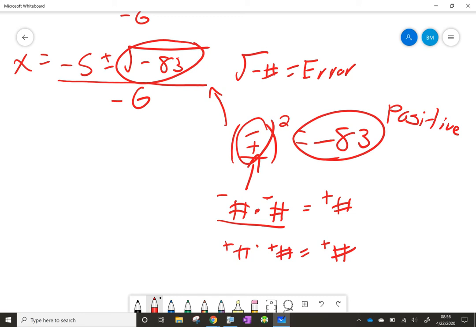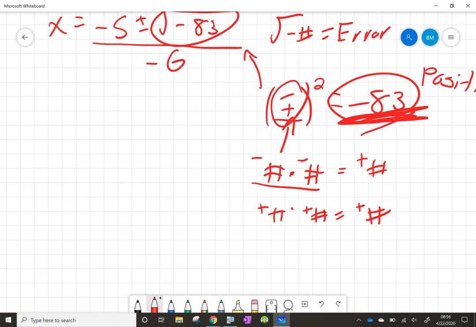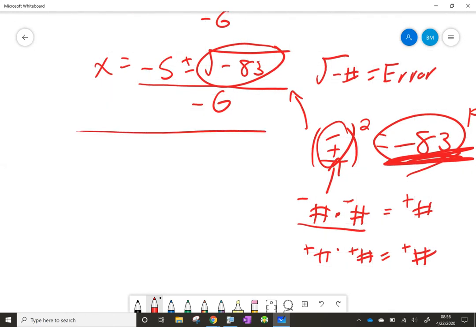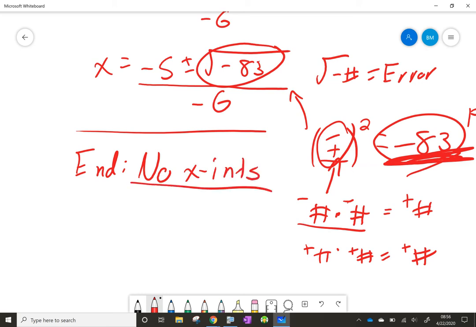Because if the number was positive, a positive times a positive would end as a positive. A negative times a negative would still end as a positive. So there's no way you can get that negative. So that's why it gives you an error. So what this means is when this happens, we're kind of, in a way, ending the problem here. And what this means for us is that we have no x-intercepts. There's no way we can calculate the rest of this problem, which must mean there's no x-intercepts.